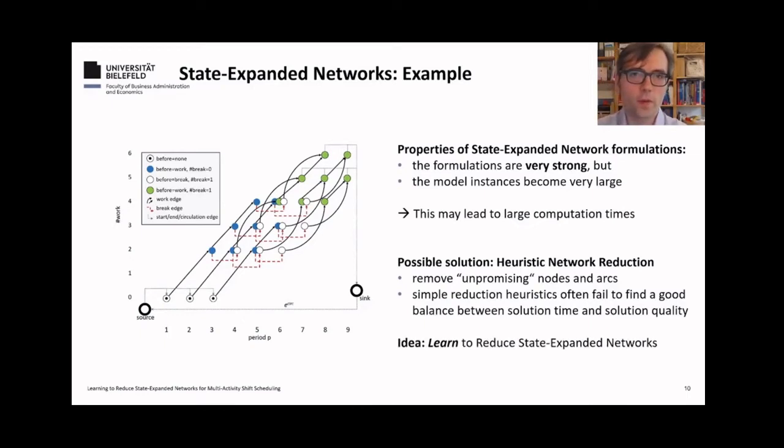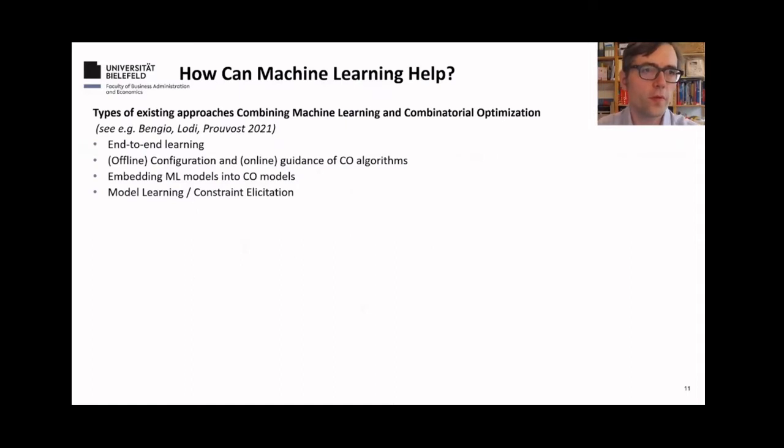This brings us to the key idea of this paper, namely using machine learning for guiding the reduction of state expanded networks. As recently reviewed by Bengio, Lodi, and Prouvost, there are various approaches for combining machine learning and combinatorial optimization. First of all, there's end-to-end machine learning for combinatorial optimization problems. Then machine learning may be used for offline configuration of combinatorial optimization.